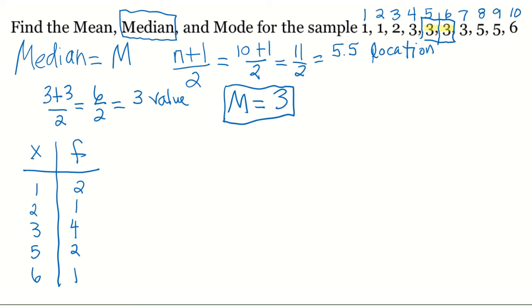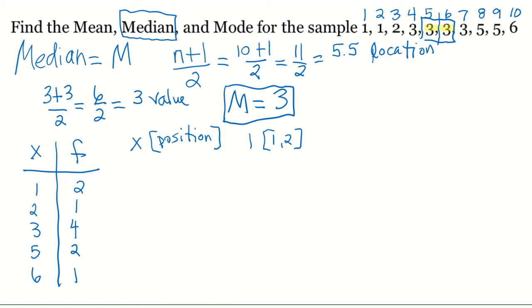So the first thing is, since we already have this listed out, let's look at finding the position based on the value. So we're going to take the value, and then we're going to write down its position. So let's start with the value 1. That is occupying positions 1 and 2.